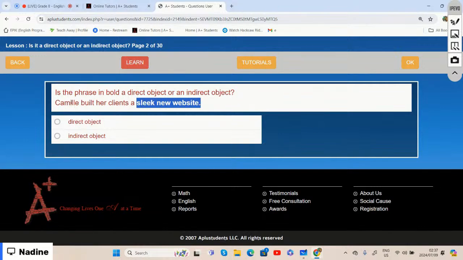And if we were to answer the question of what Camille built her clients, then we would say a sleek new website, which means that this is a direct object.